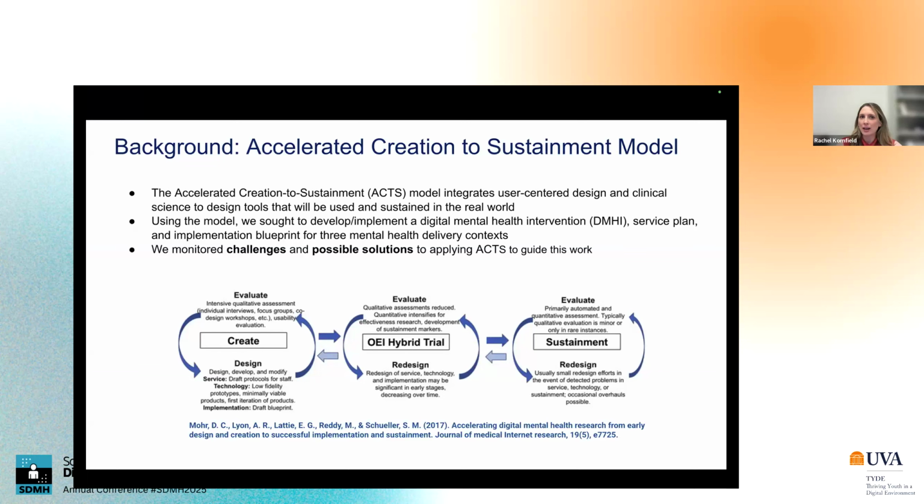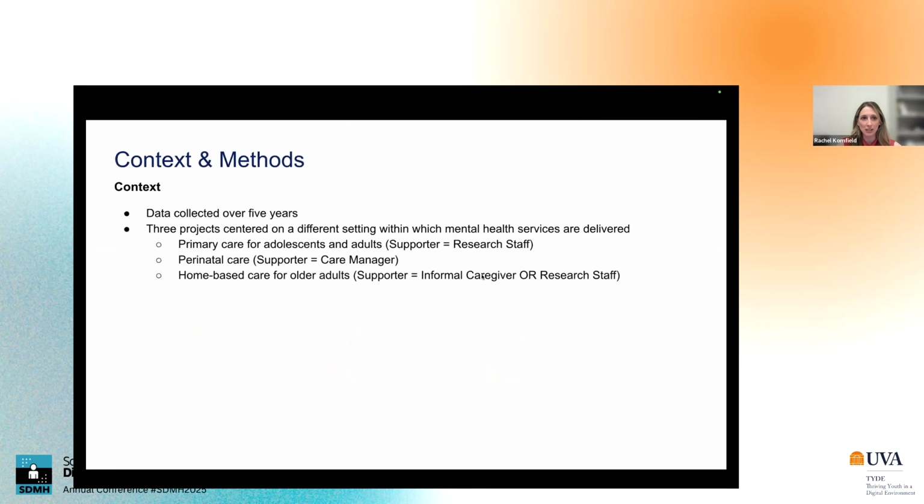So we really wanted to understand, how does this model work when we actually use it, and what are the strengths and possible weaknesses of it? So we monitored challenges and possible solutions, applying ACTS to 3 different projects. This was under a P50 Alacrity Center at CBITS, and I collected data over 5 years.